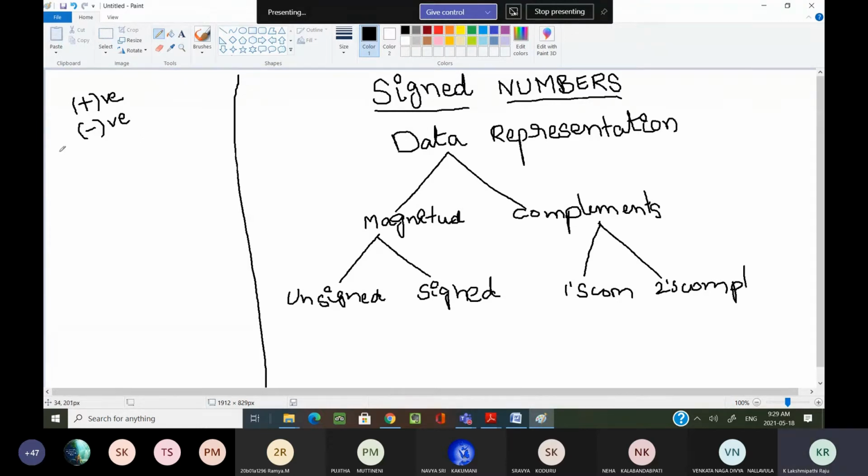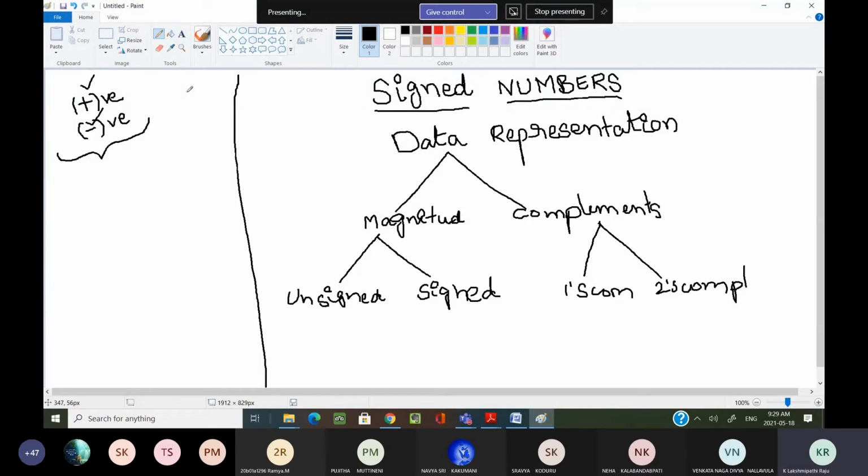Now, as a human being, we know the symbols. We know the positive symbol as well as the negative symbol. I can understand that it is a positive number, it is a negative number.